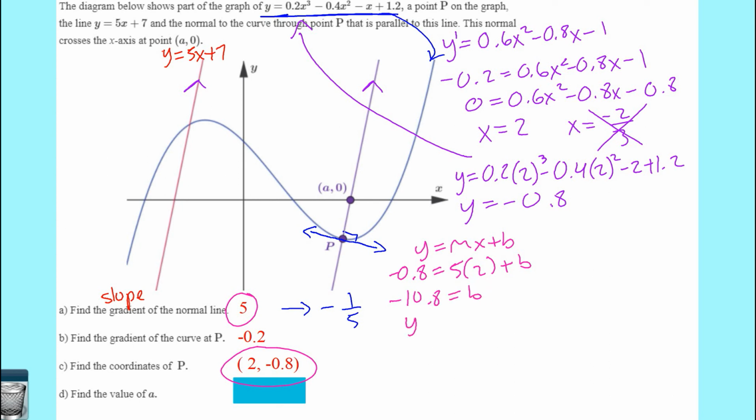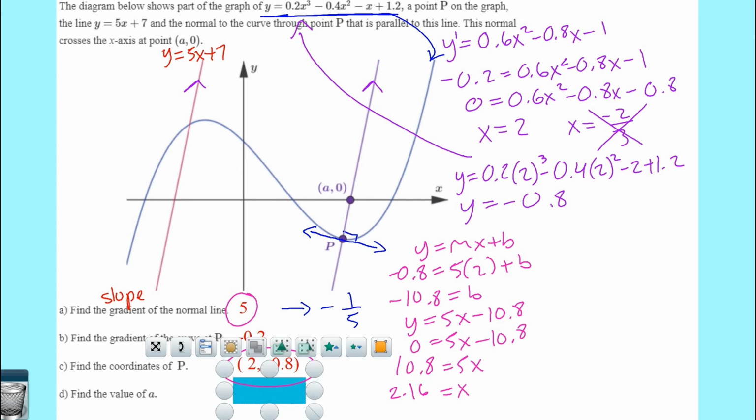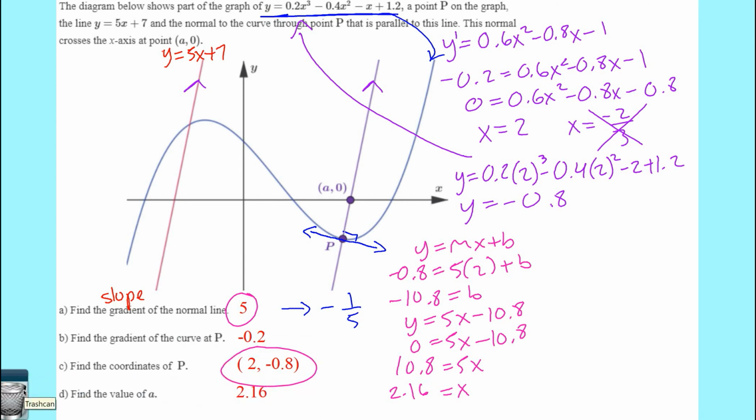So our equation of our normal line is this. We want to find the value of a, so when y is 0, we divide by 5. That should be 2.16. Okay, let's check it. There we have it. All right, let's do one more.